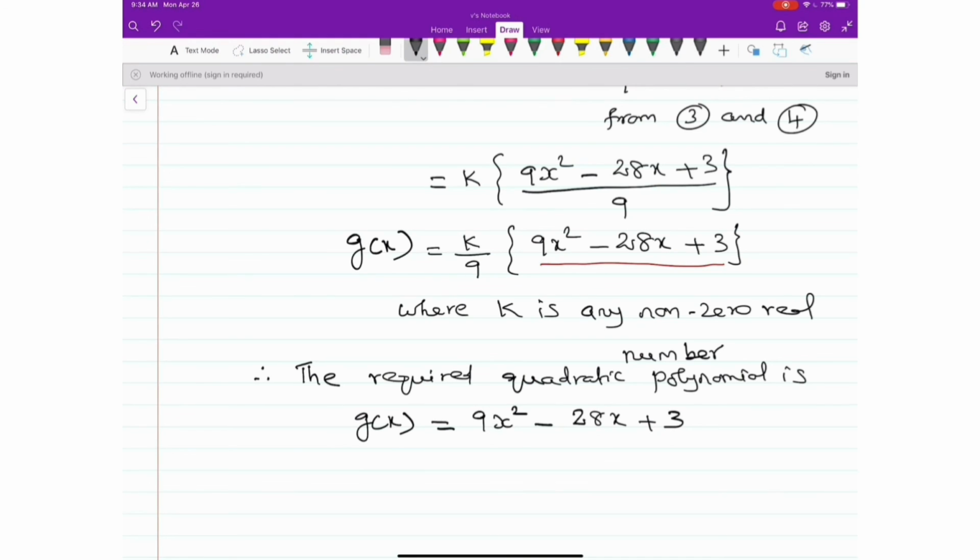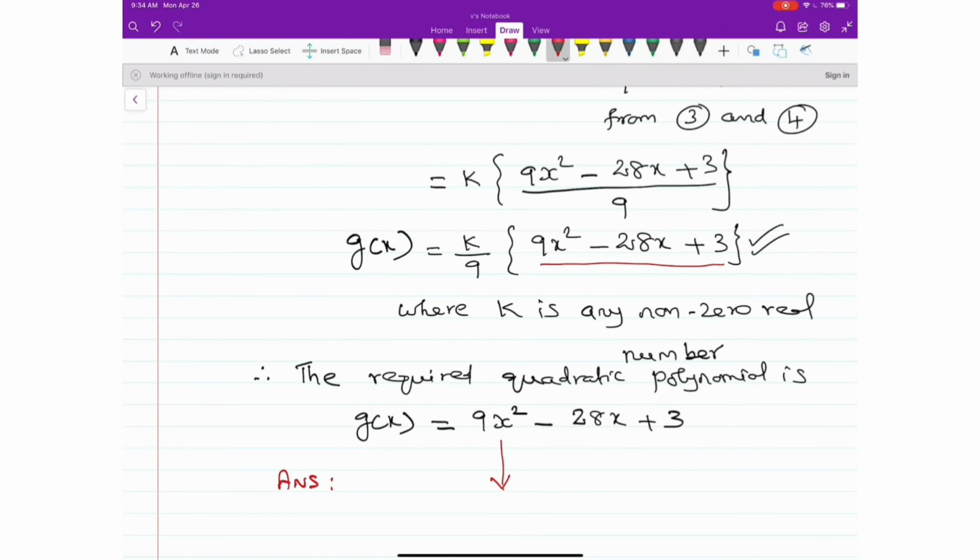So you can give your answer like this, or you can leave your answer at this point. The choice is yours. Of course, you have to conclude your answer at the end. Answer, just rewrite the same statement.